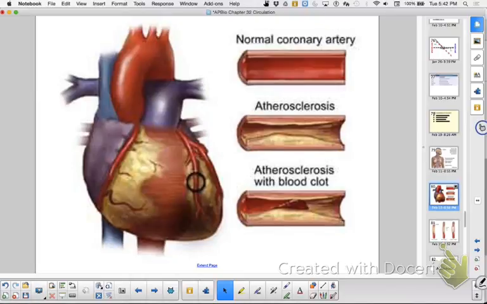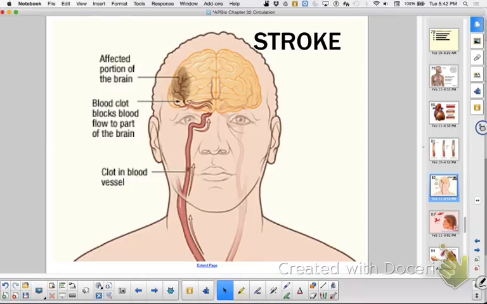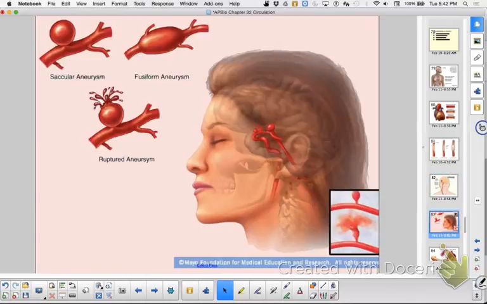Now, due to high blood pressure, what you might end up getting is a stroke in your brain, where a portion of the brain dies due to a blood clot or a vessel burst. And then there is aneurysm, and I'm just going to keep it in the brain.